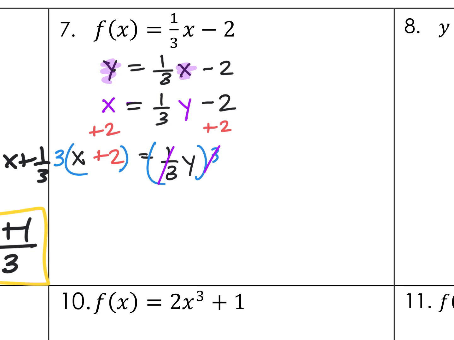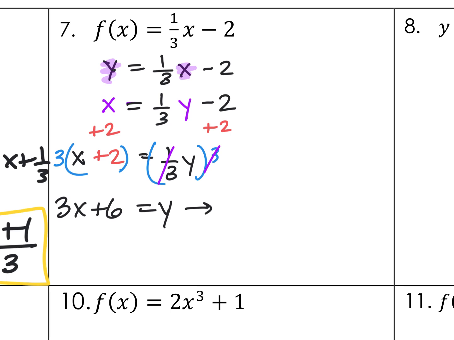Of course you should distribute, although technically it would be correct if you just left it in parentheses, but you should at the very least put it in parentheses. So 3x plus 6 is equal to y, but because you're fancy, you're going to rewrite it. What happens to the 1/3 y? When I do 1/3 times 3, I get 1. It cancels out.